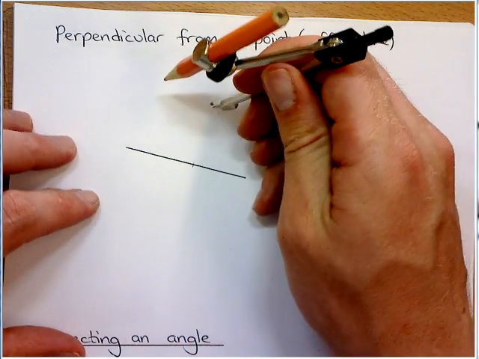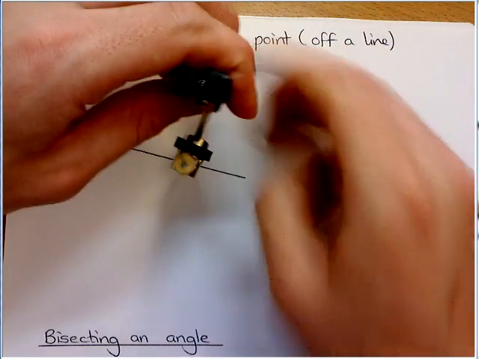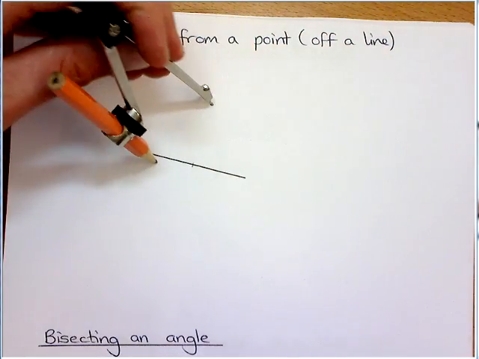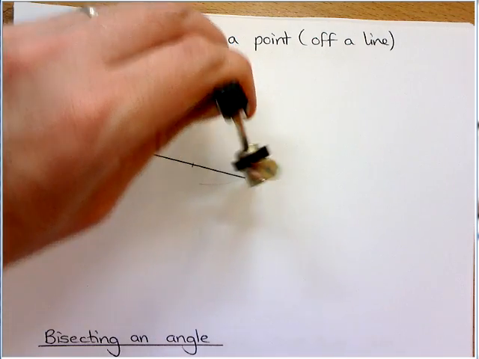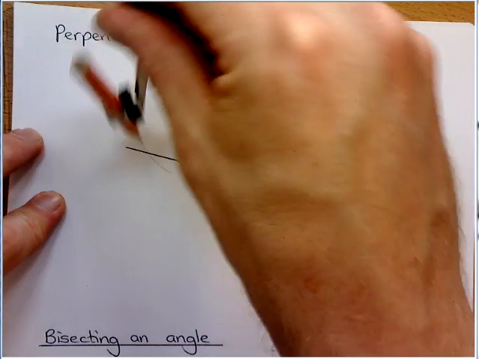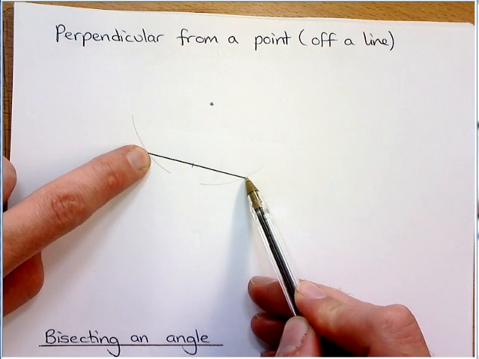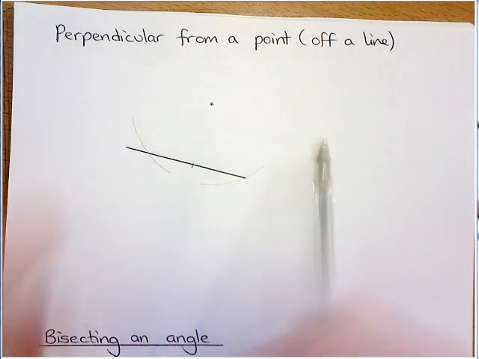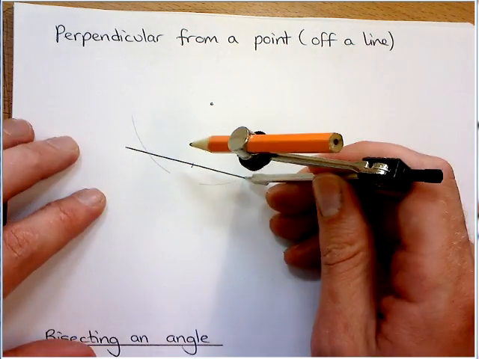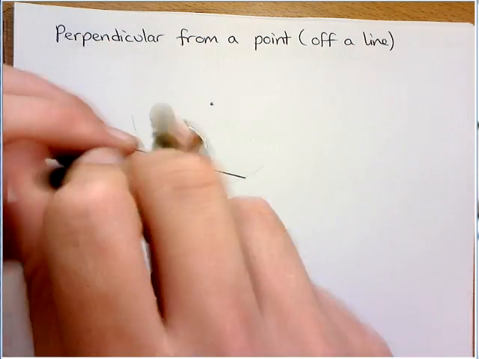So if I get my compass from the point, like we did in the last video, and just open it so it actually goes past the line, you see it's just a little bit past, I can make an arc on one side and the other. So again, I've got 2 arcs, where the middle is exactly between these. So, once you've got this, you can do your arc above and below.